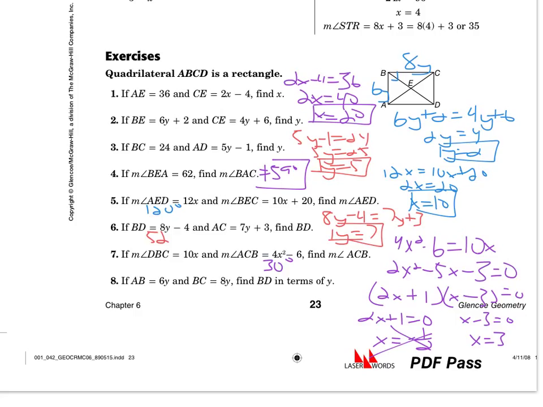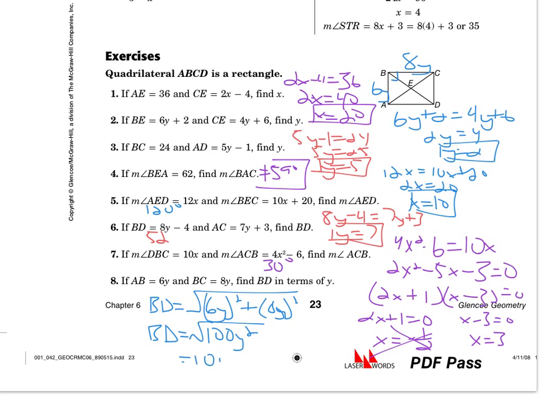So BD is going to be equal to the square root of 6y squared plus 8y squared, Pythagorean theorem. What you're going to get is square root of 100y squared, because you get 36y squared plus 64y squared, which is 100y squared. Square root both of those, and you get 10y.